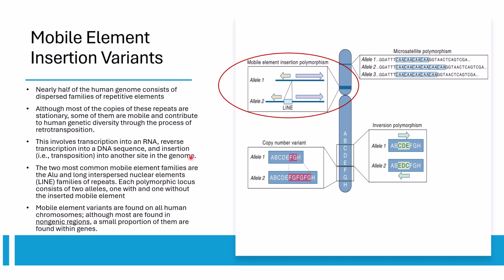The two most common mobile element families are the ALU family and the LINE family, the long interspersed nuclear element repeats. Each has two alleles, allele one without the inserted mobile element and the other with the inserted mobile element. Most of these mobile elements happen in the non-genic region. A small proportion of them are found within the gene.